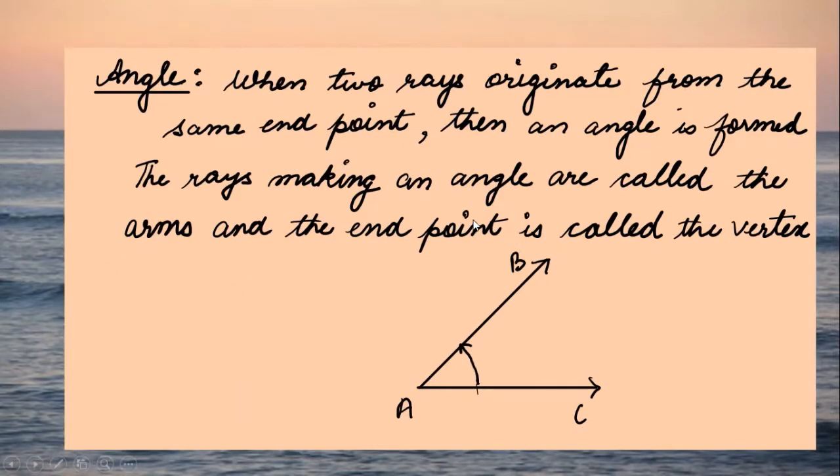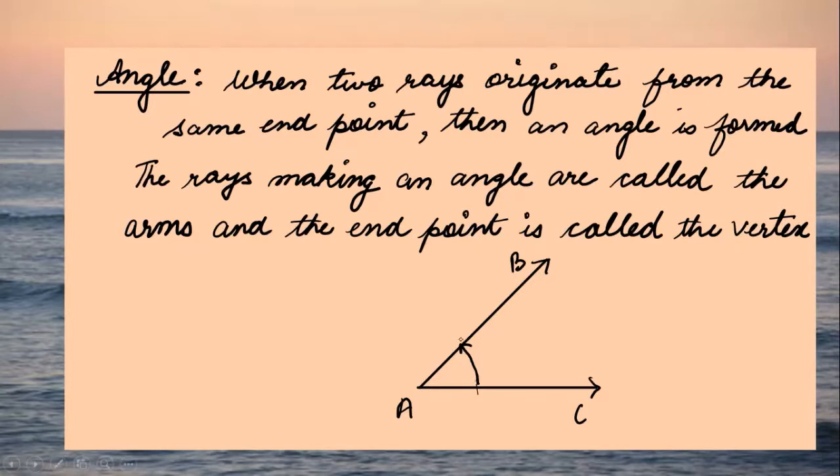Now after this, come to angles. You can see this AB is one ray. It has one endpoint, and then AC is another ray. Now when two rays originate from the same endpoint, this same endpoint A, from this point two rays are originating, then an angle is formed.